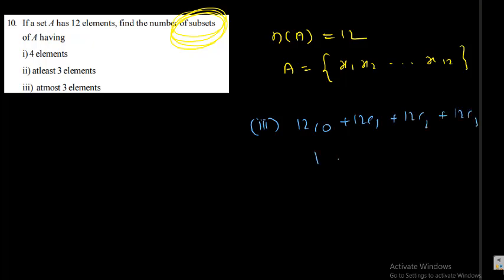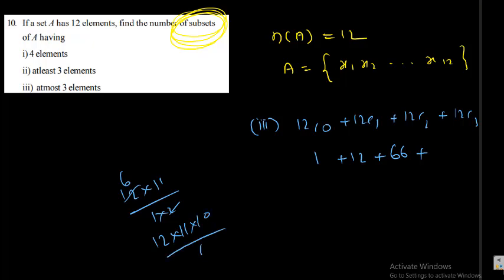This is 1, this is 12, 12C2 is 12 by 11 by 1 into 2, that is 66, plus 12C3, 12 into 11 into 10 by 6, which is 220. So 1 plus 12 plus 66 plus 220 is 299. So totally 299 such subsets exist.